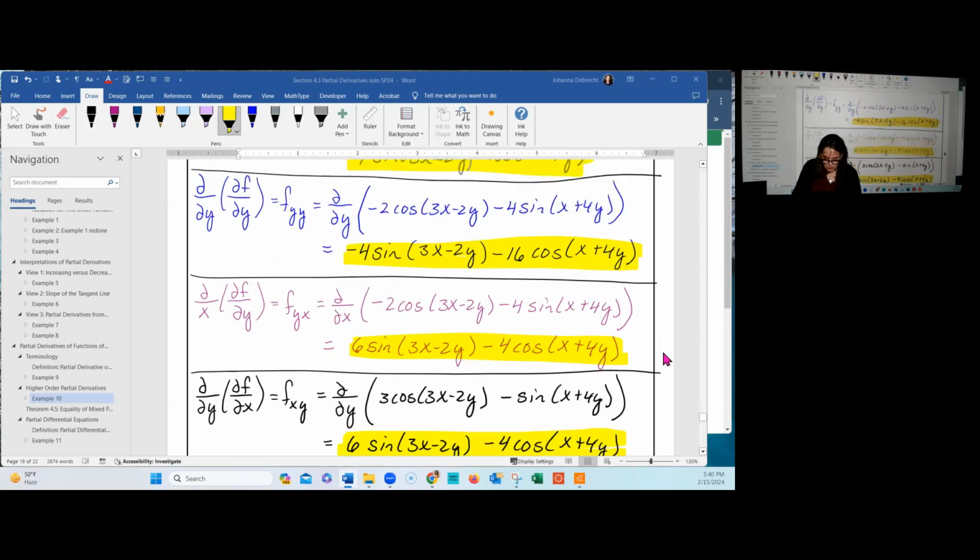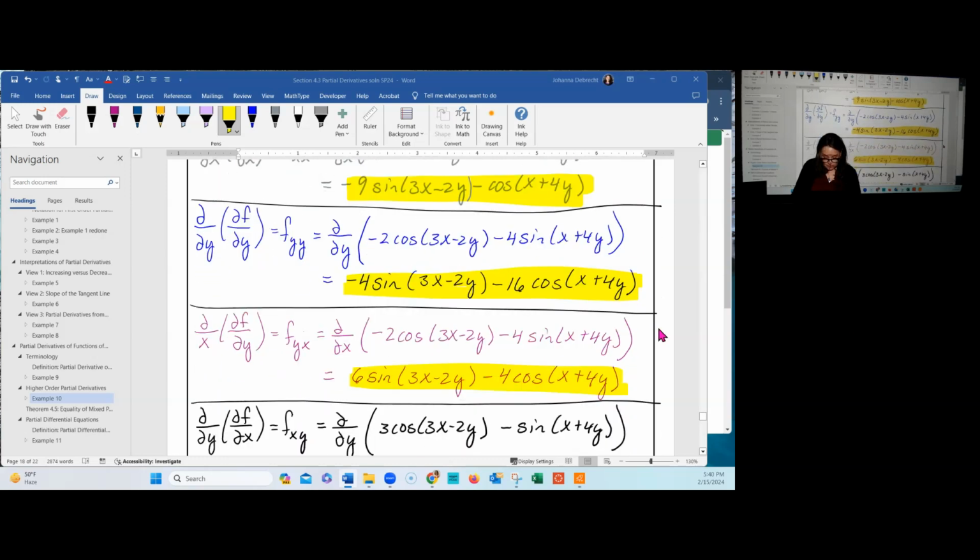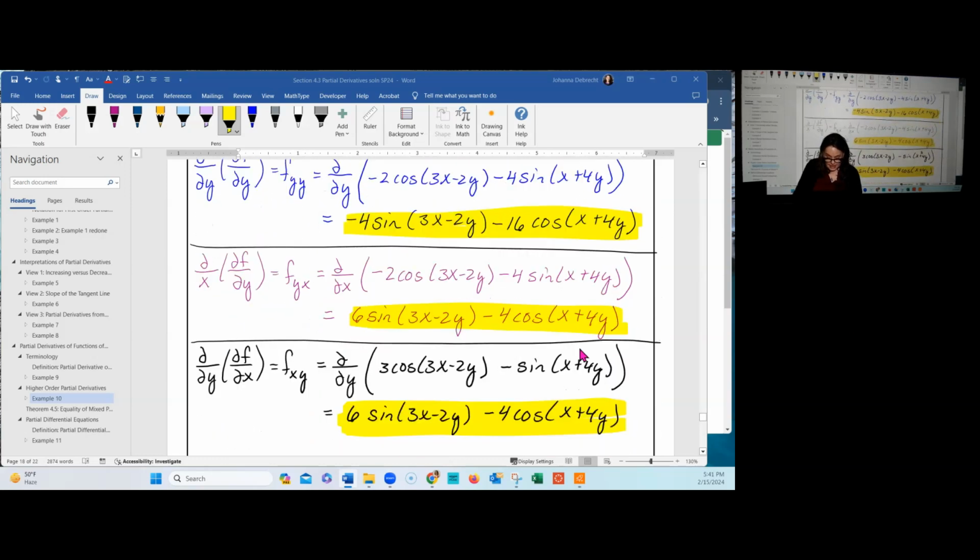The partial with respect to y, of course, is this value that you see up here. Then we take the partial with respect to x, and we get 6 sine of the argument 3x minus 2y minus 4 times cosine of the argument x plus 4y.